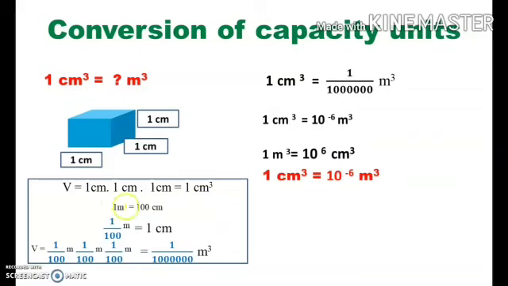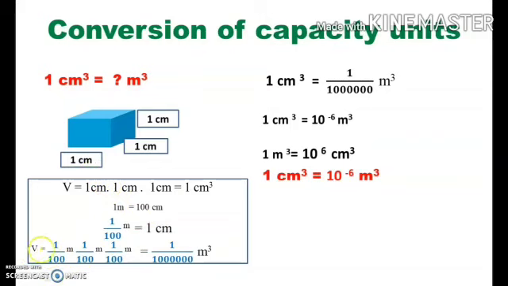We know 1 meter is 100 centimeter. Dividing by 100, we obtain 1/100th of the meter is 1 centimeter. So instead of 1 centimeter, we can write 1 over 100.